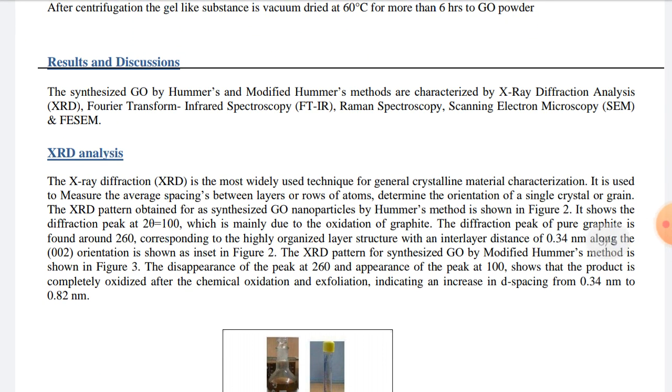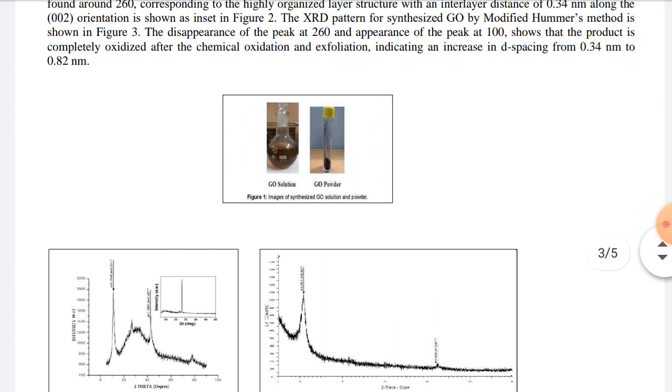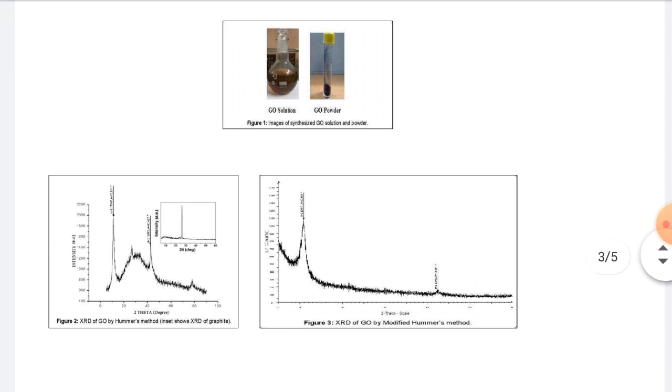The graphene oxide synthesized by Hummers' and modified Hummers' method is characterized by X-ray diffraction analysis, that is XRD, Fourier transform infrared spectroscopy FTIR, Raman spectroscopy, scanning electron microscopy, and FESEM. For XRD analysis, the figures are given below.